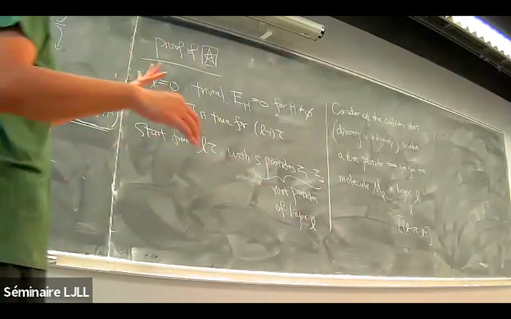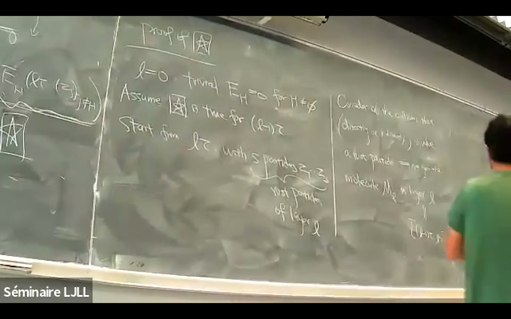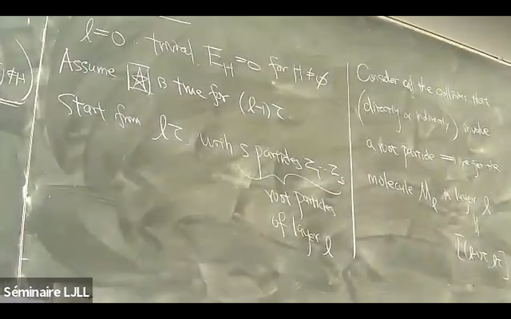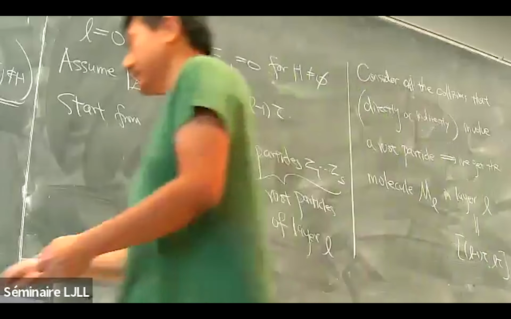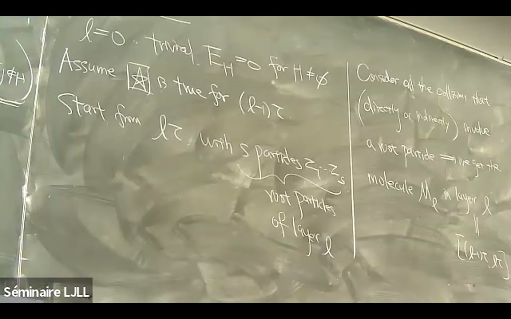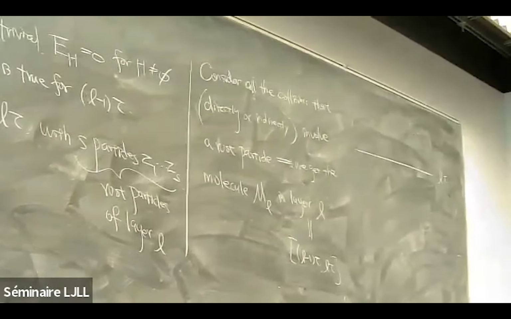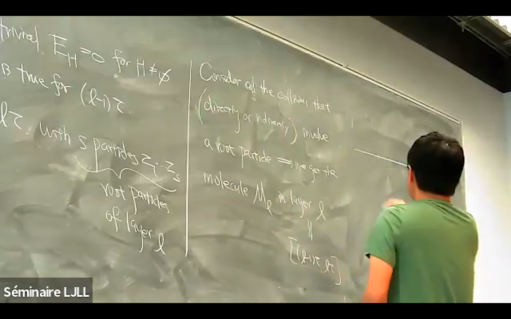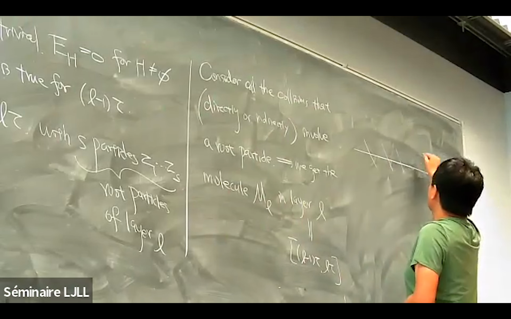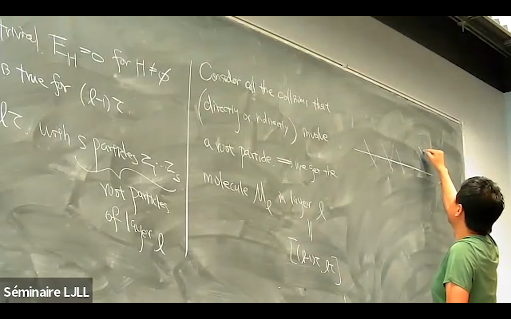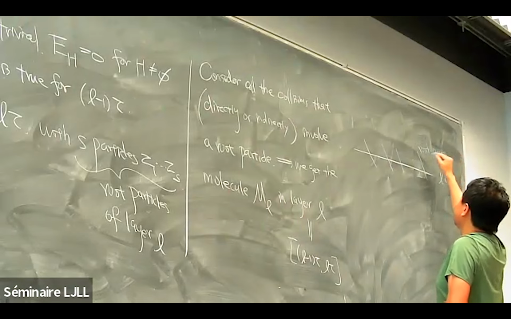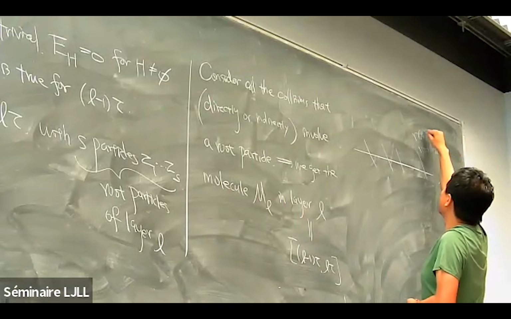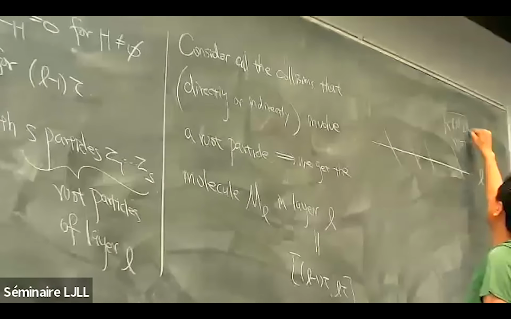So we have a molecule here. Schematically, let's draw it. At time tau, we have a bunch of root particles here, named R_L.